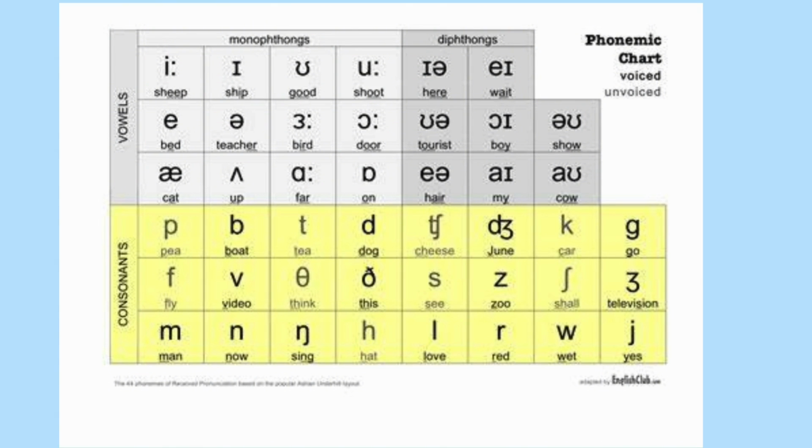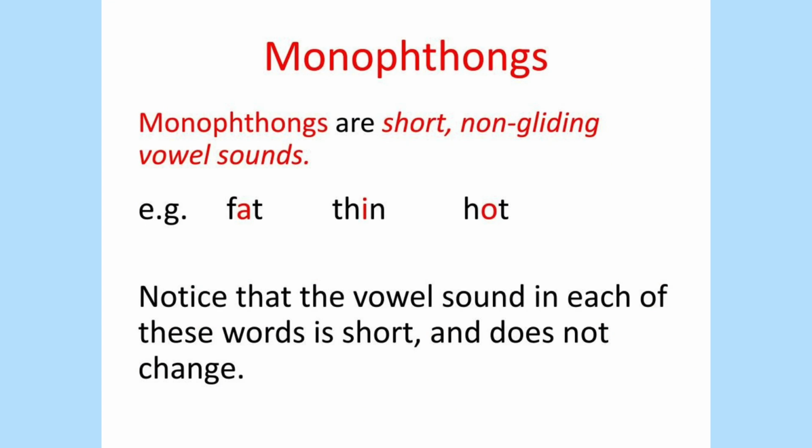Here I will explain to you in detail the vowel sounds and how we pronounce them as per the sounds that we know. In this table you can see there are monophthongs and diphthongs. Let us first learn the monophthongs, then go to the diphthongs.